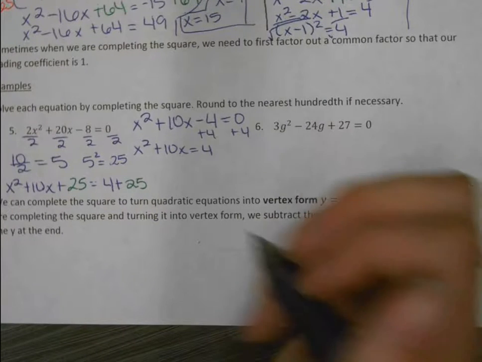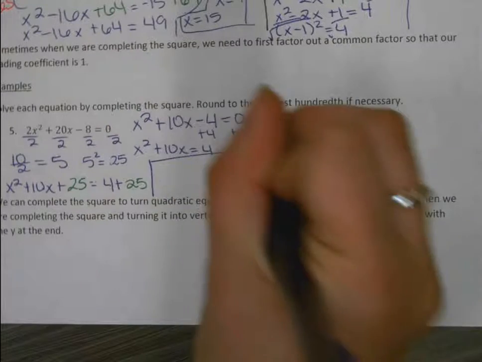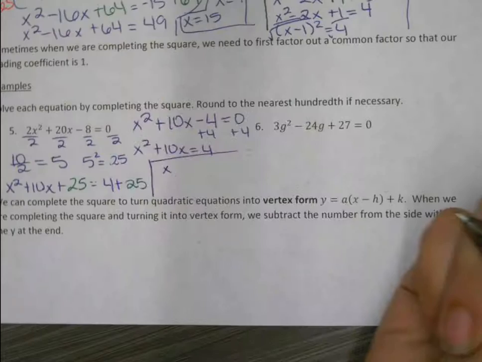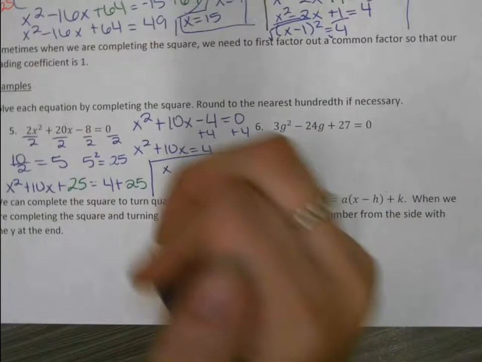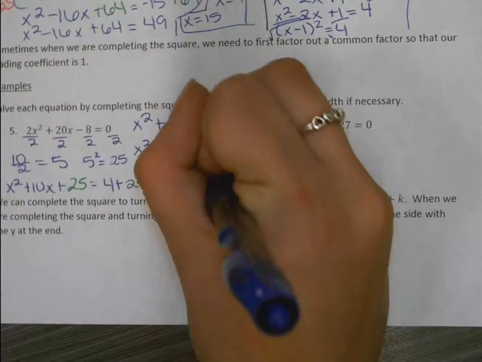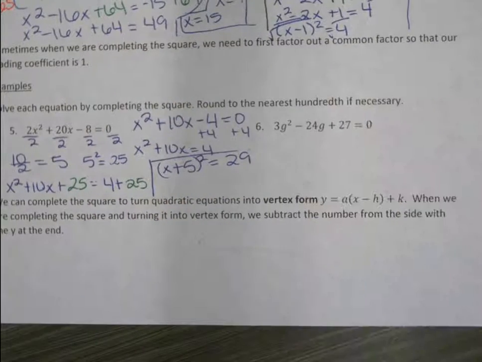Then I'm going to factor the left side at the same time I add the right side, so I get x plus 5 squared on the left side equals 29.